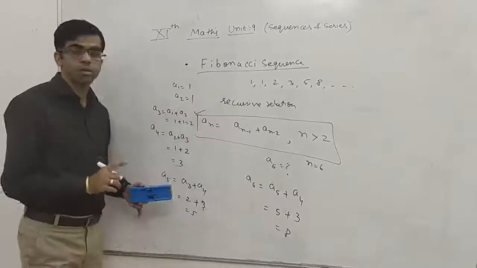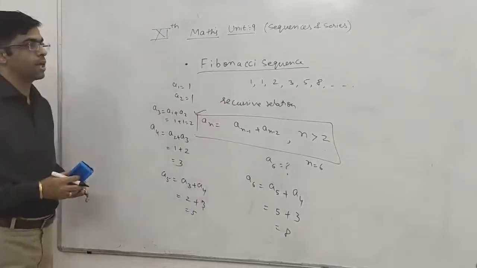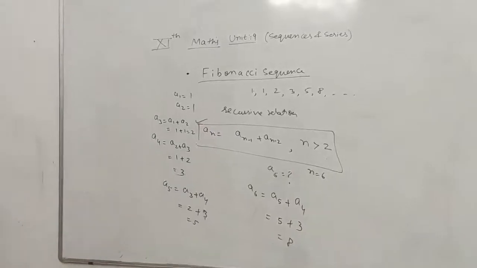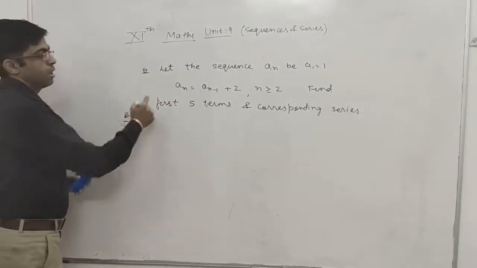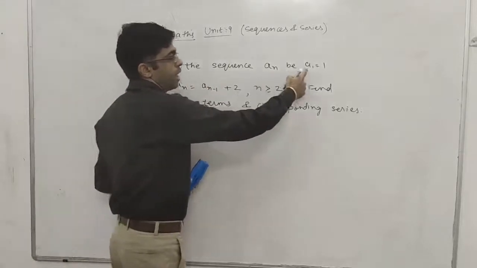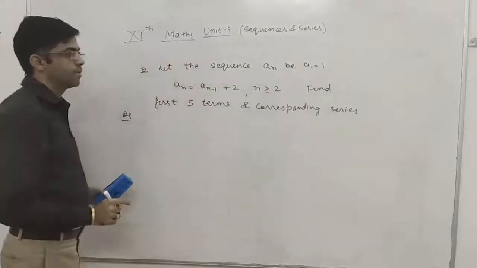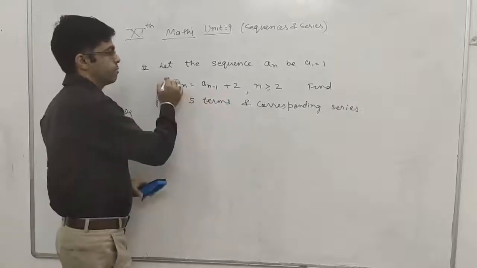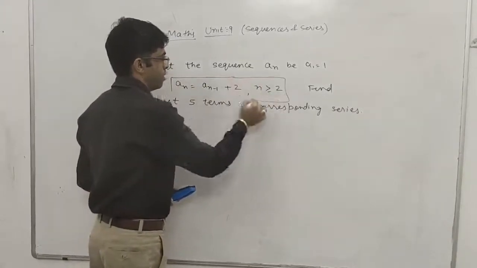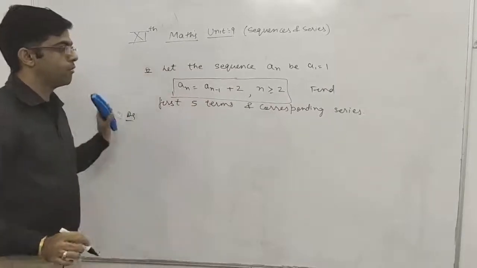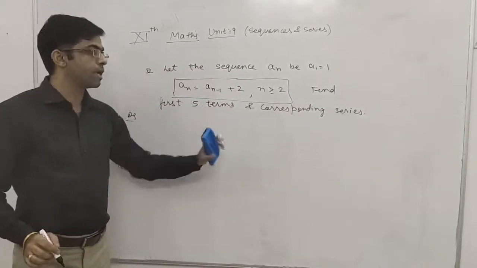Now we will do one question, after that we will come to exercise 9.1. Now see this question. Let the sequence be such that a1 is equal to 1. The first term is given as 1, and any formula, meaning a function, is given. We have to list these 5 terms and write the corresponding series.